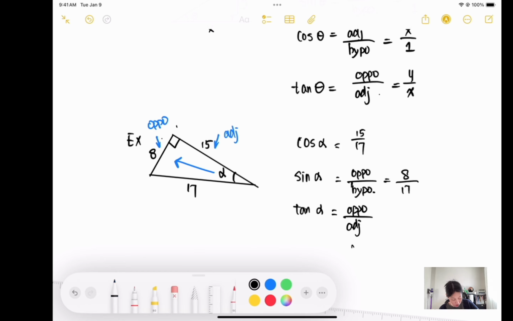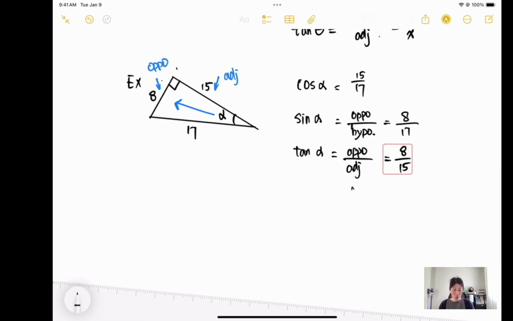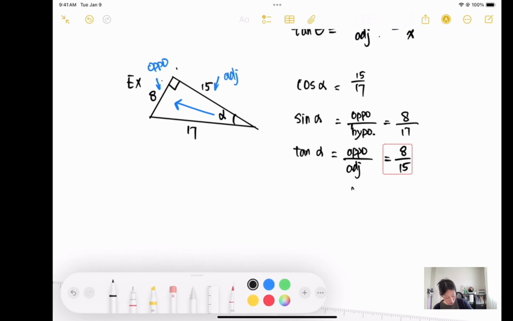So tangent alpha is equal to 8 over 15. Okay, next we want to talk about what the reciprocal functions are.